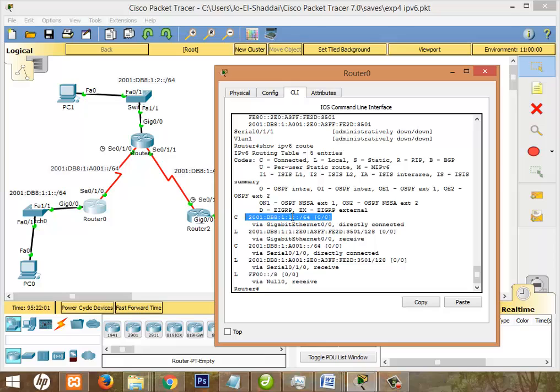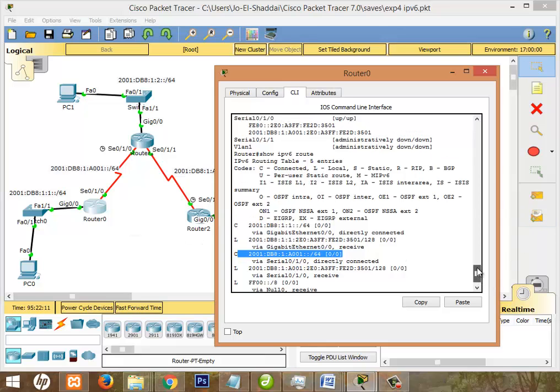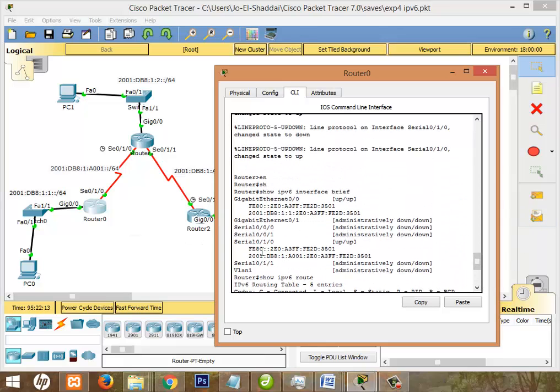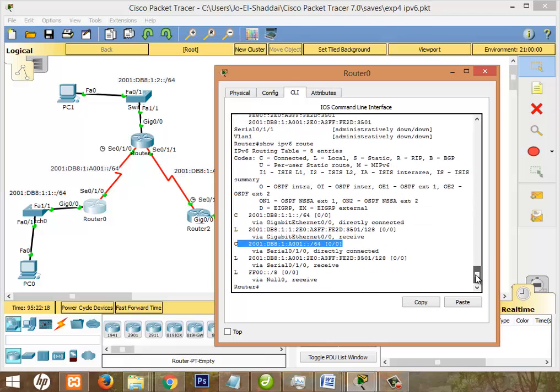The first one and the third one. Among these, there are five different interfaces, and if you go to the top, these are the different interfaces. Out of these, two are connected and in up condition. Similarly, here we can see the routes for these interfaces.